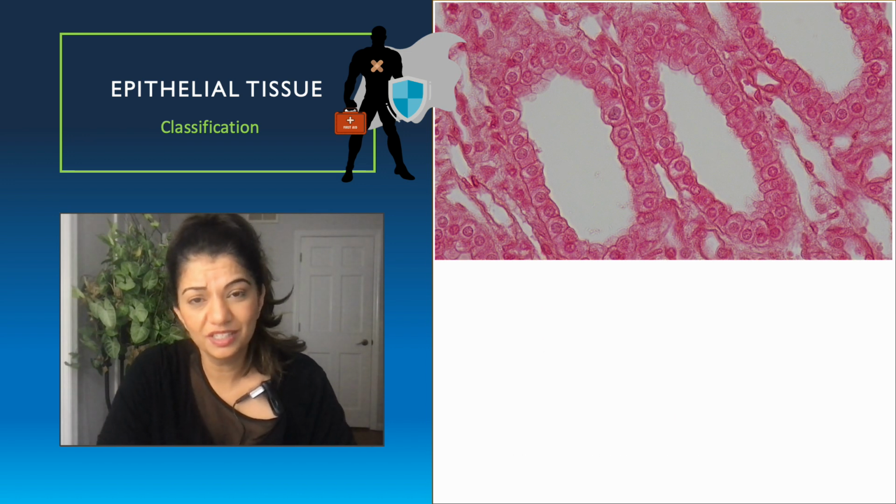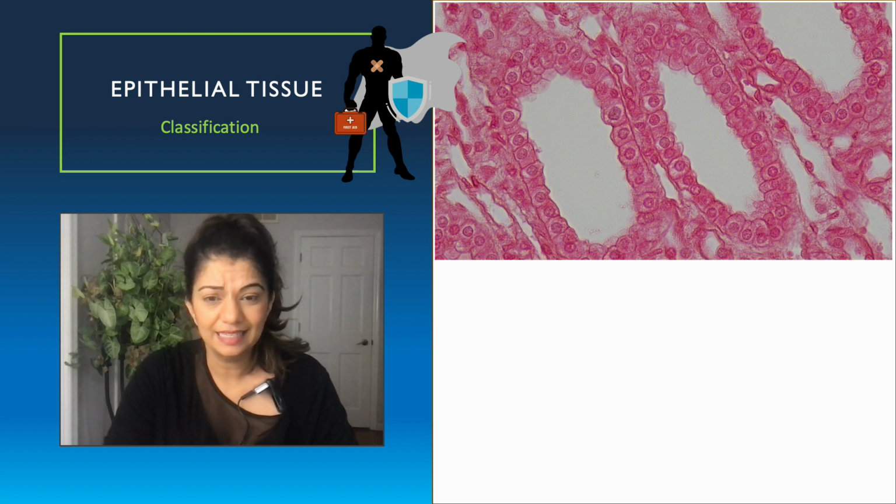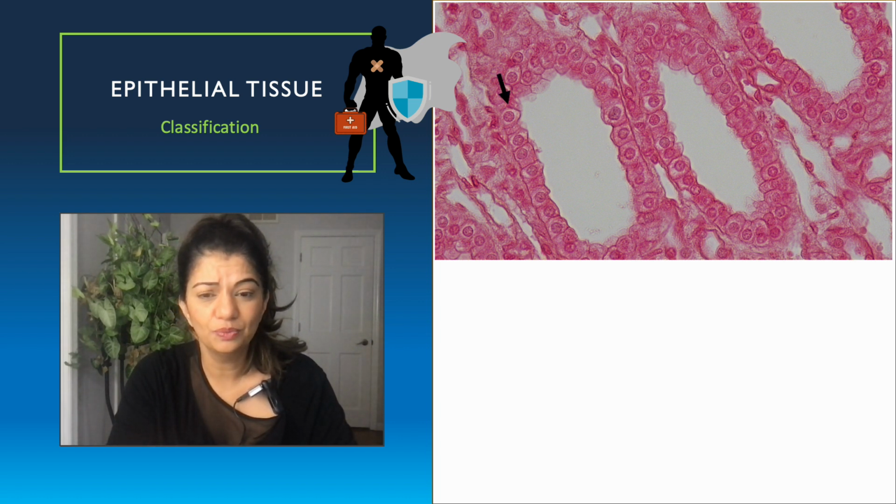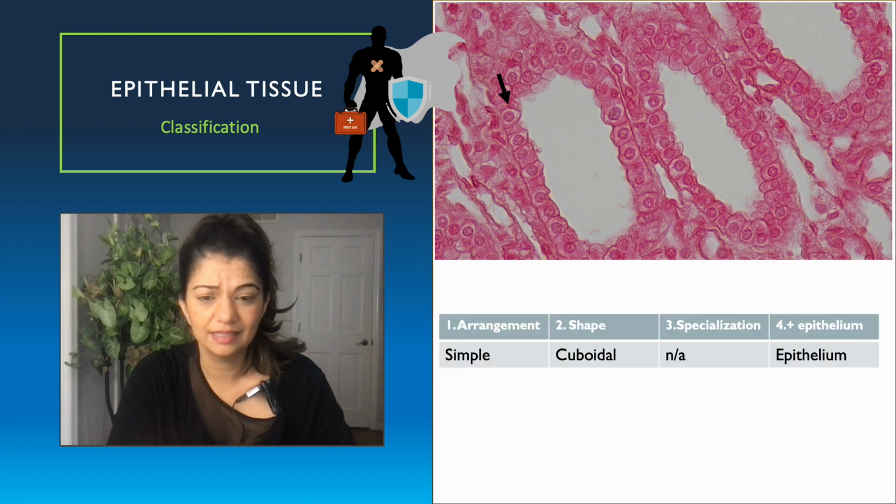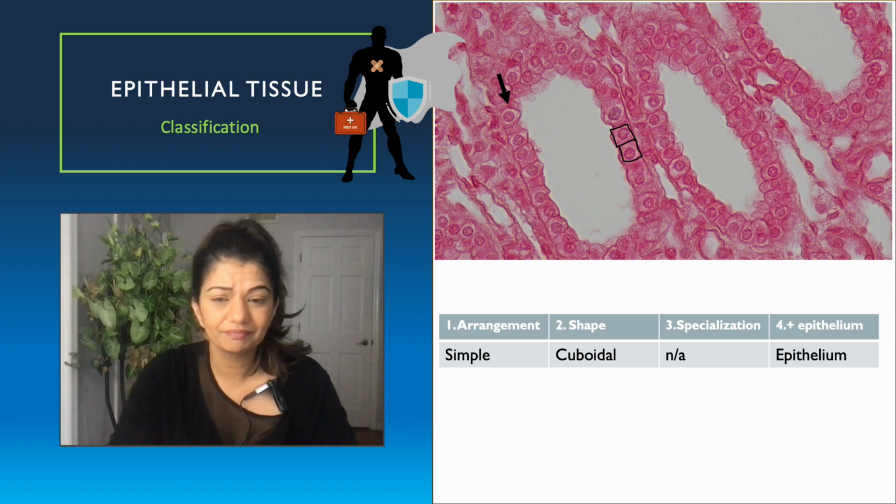Let's try our 4-step formula on this histology slide, right? So let's see. The first thing you'd want to know is how many layers. And we know it's just one layer, so that's going to be the simple arrangement. And then the second word is the shape. So what does the shape look like? And we can see that these are going to be cuboidal because they're sort of these box-like cells.